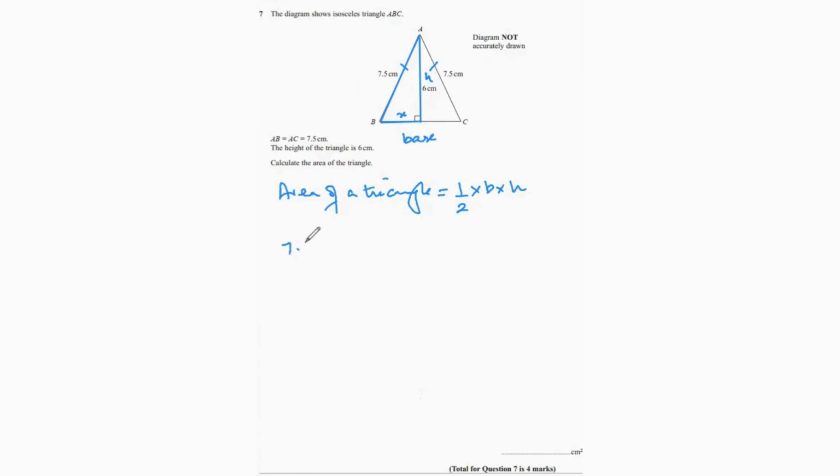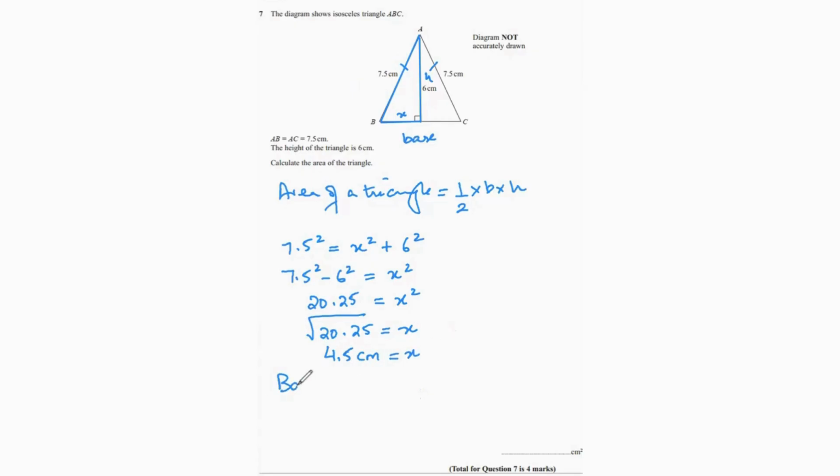So 7.5 squared equals x squared plus 6 squared. 7.5 squared minus 6 squared equals x squared. 7.5 squared minus 36, that's 20.25. Then we're going to square root this. That's 4.5 centimeters.